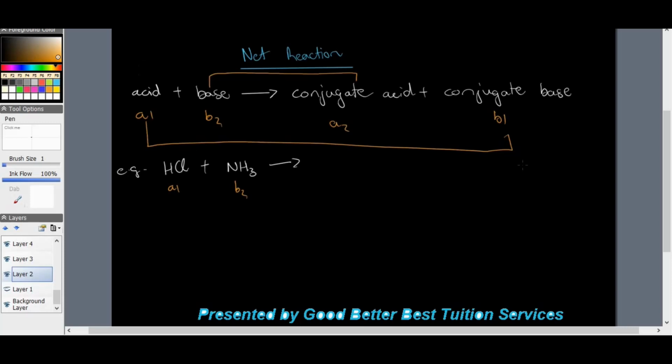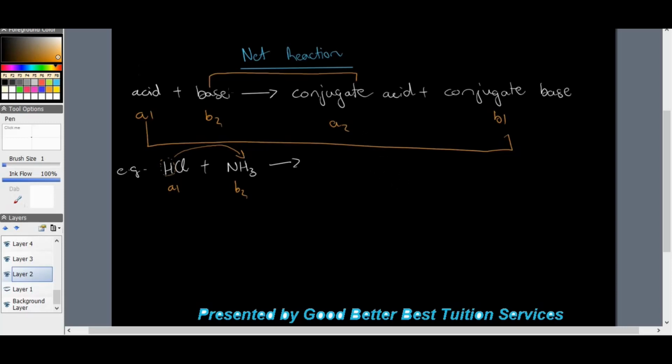HCl, which we know is the acid. It donates a proton. So this hydrogen over here is going to go to the base, because we know that NH3 plus a hydrogen proton gives us NH4.